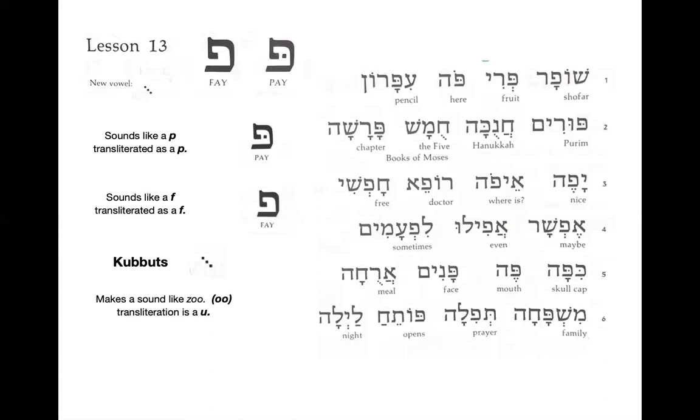Line 4. Efshar, afilu, lifamim. Line 5. Kipa, pe, panim, arucha. Line 6. Mishpacha, tefillah, poteach, laila.